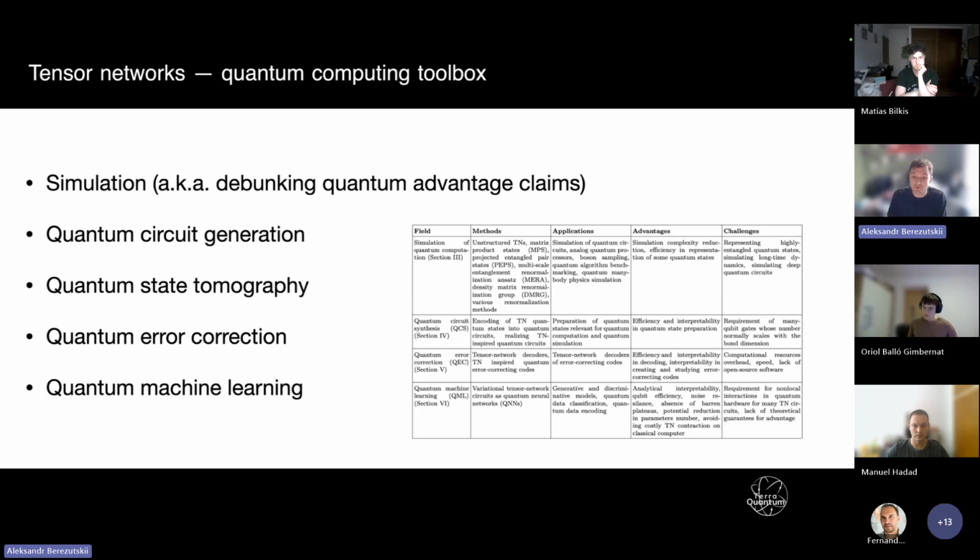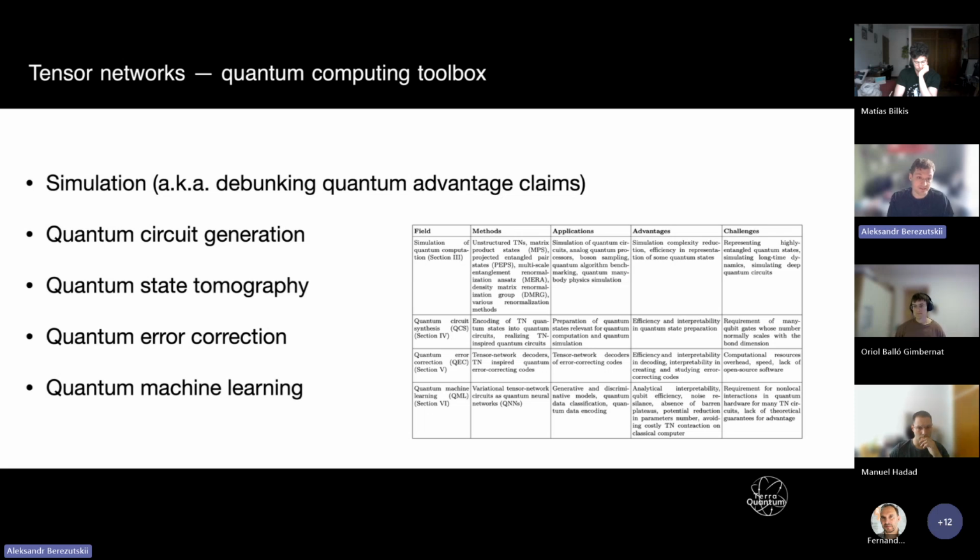The thing we wrote our review about is how these methods are used in quantum computing right now. I've been working around quantum computing since 2017, 2018, and since that time, I had time to see how many different subproblems around the quantum computer can be tackled with these methods.